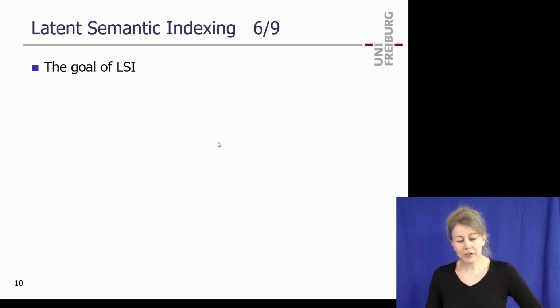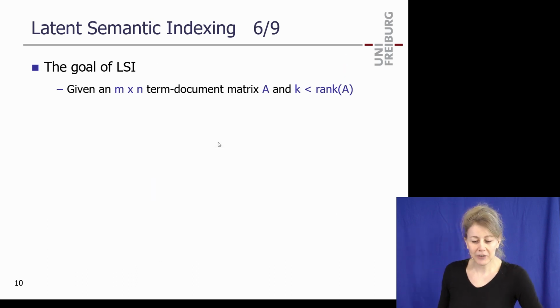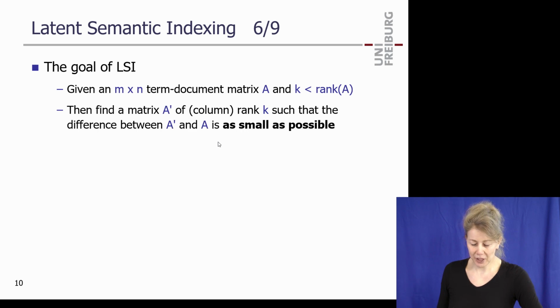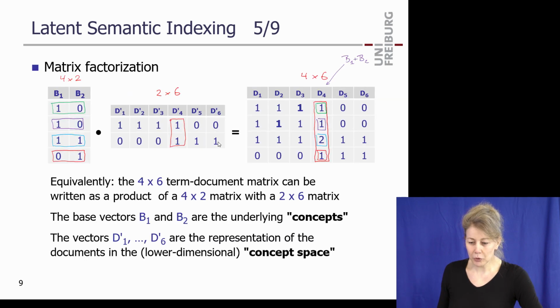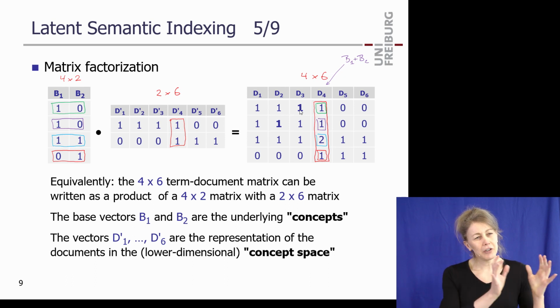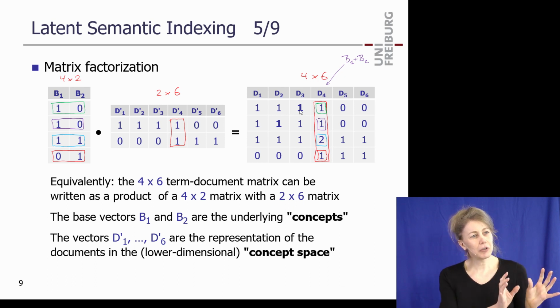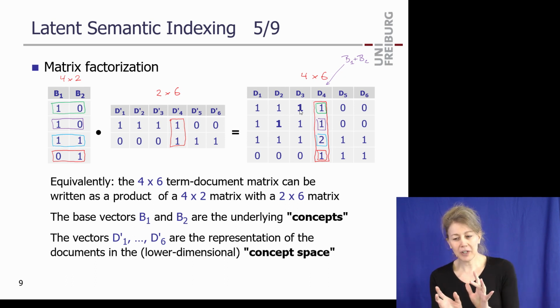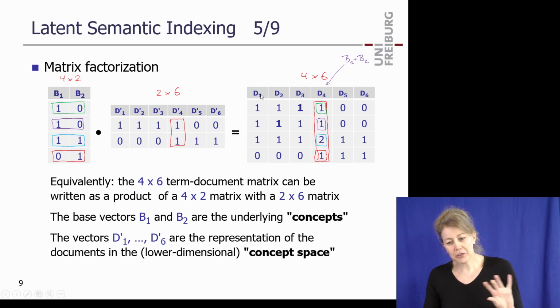Okay. Now, what's the goal of latent semantic indexing? The goal is to somehow get this matrix automatically, and what I've told you so far already gives you a hint. The original matrix has rank 4, and this matrix has rank 2, and it's good that it has rank 2, because then we can express everything as a combination of few concepts.